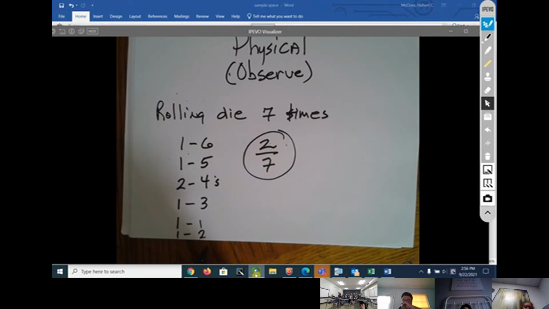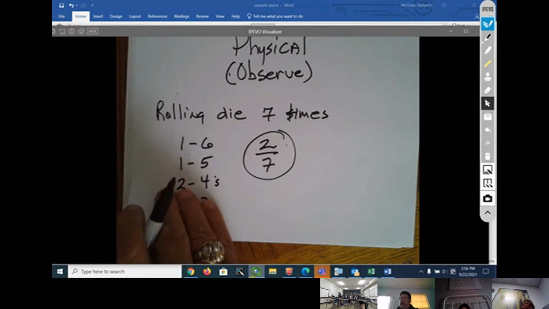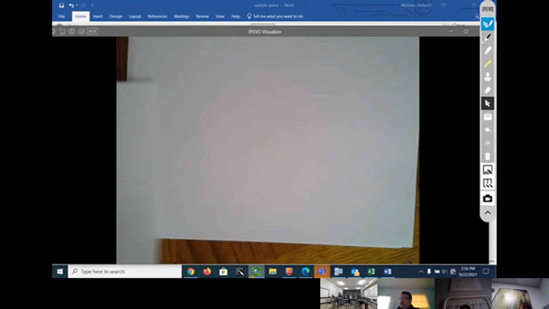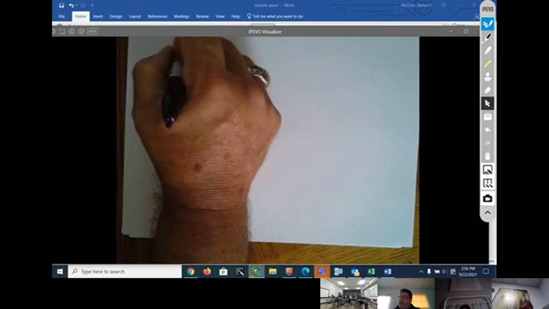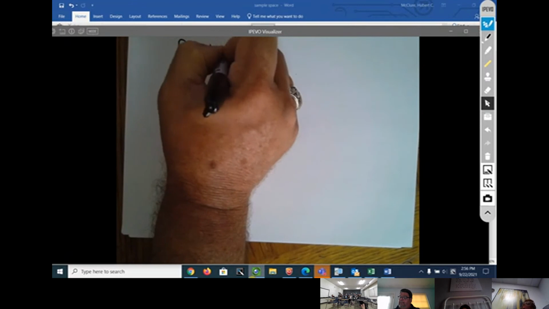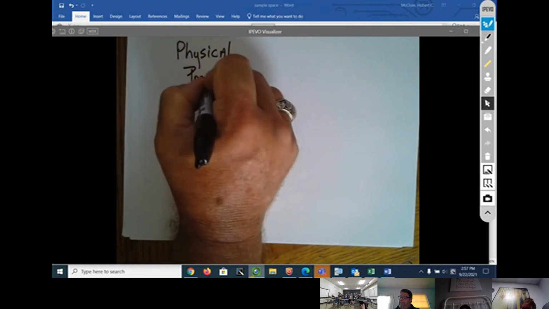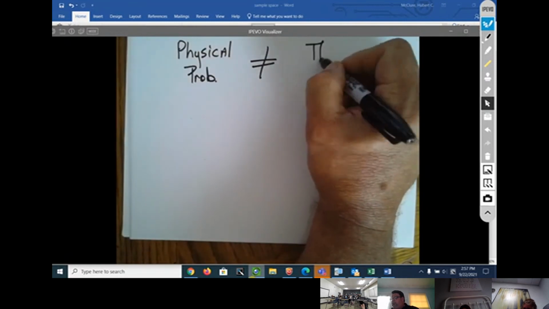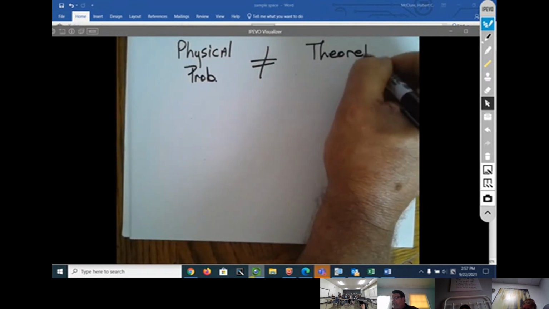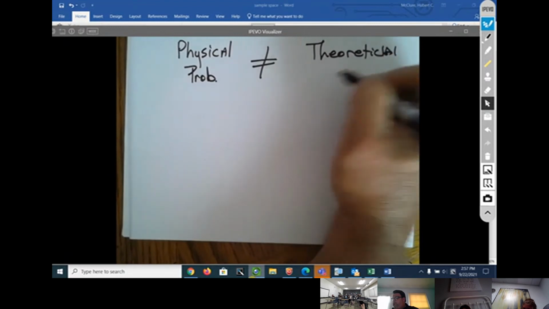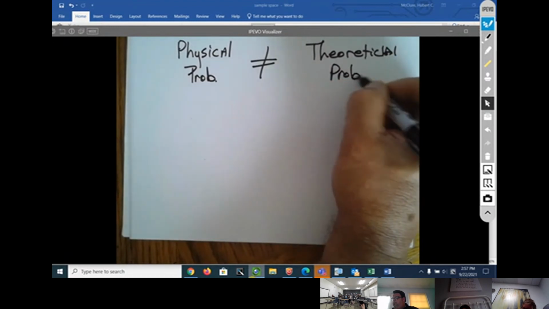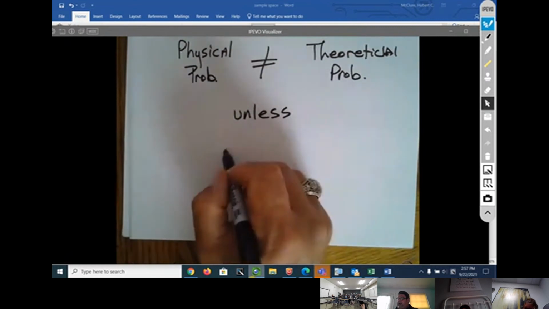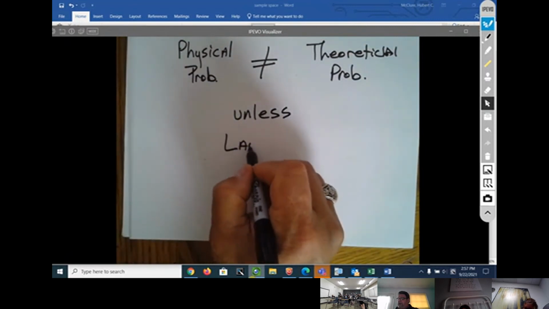Now, I don't know if we covered the law of large numbers. I think we did. But the physical probability will not always equal the theoretical probability, unless you bring in the law of large numbers.